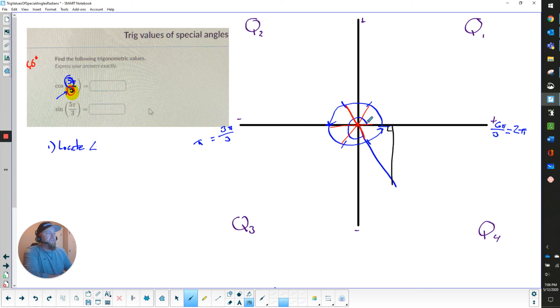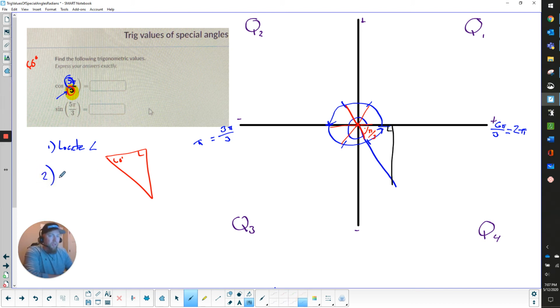So it makes sense. All these are steps of 60 or pi thirds. So this reference right here, where we're going to stand, is precisely pi thirds, which is great because it's 30, 60, 90. Okay? All right, I start this over here, and then I've got to keep with it. Hold on.